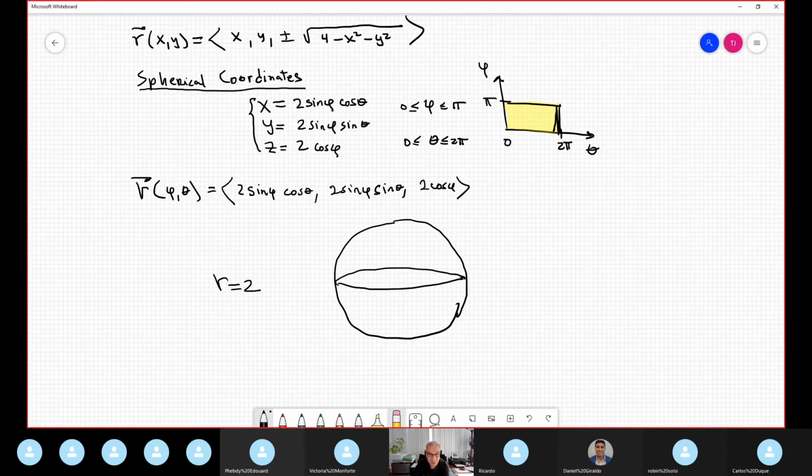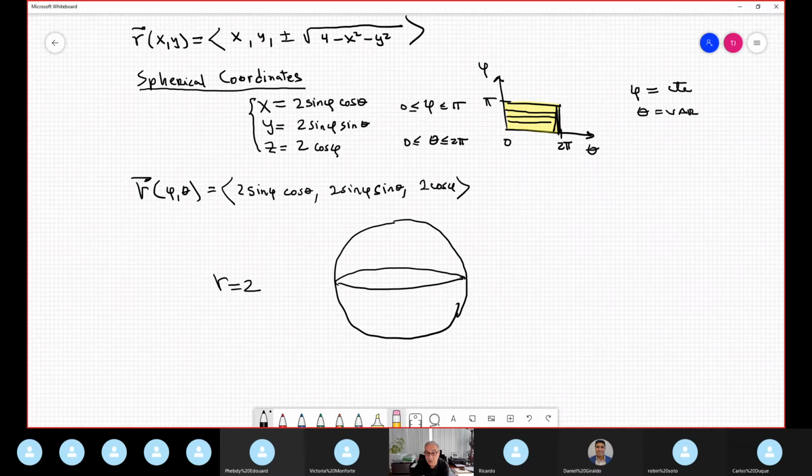For example, suppose that you travel in the domain like that. Suppose that you travel with phi equal to a constant, like that. I don't know, it could be 0 or pi over 2. However, theta is variable.